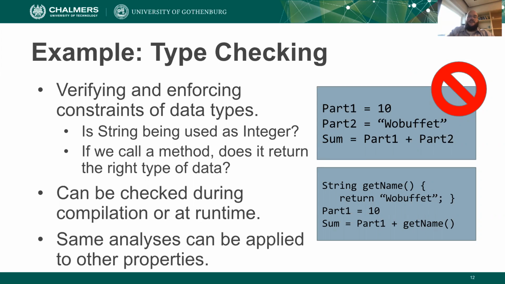This kind of analysis can occur either at compile time, so statically, or when we're running the code, or dynamically. But type checking in any case is all about ensuring that the program is type safe, meaning that the possibility of type errors is kept to a minimum, right? But the same kind of analysis that we'll do for type checking can also be performed for other properties as well.